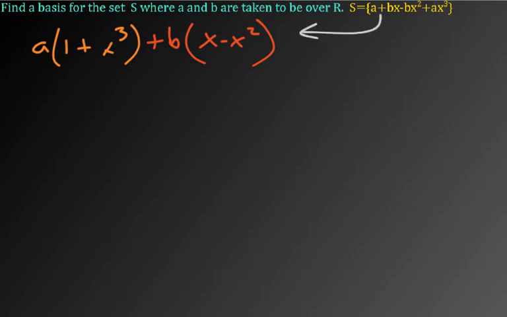Anything in here is a linear combination of 1 plus x cubed and x minus x squared. So your basis can literally be that set: 1 plus x cubed and x minus x squared.